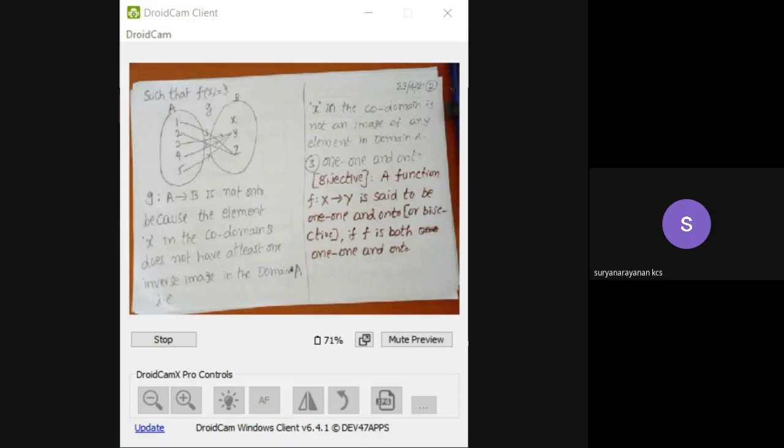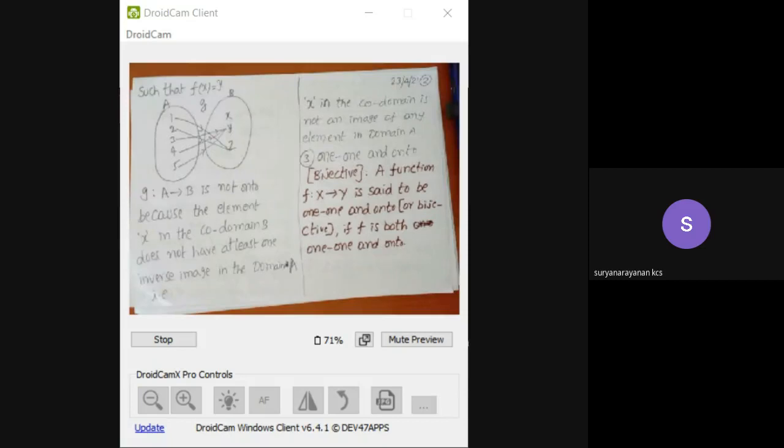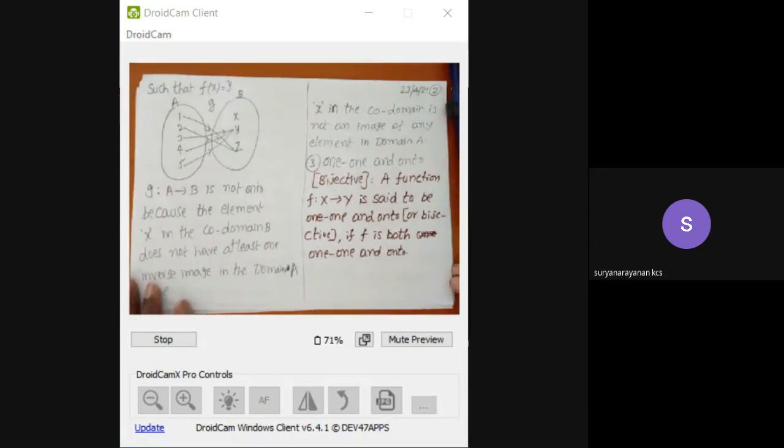If the function satisfies both conditions, then the function is said to be bijective. If the function does not satisfy any one of these 2 conditions, then the function is not bijective.